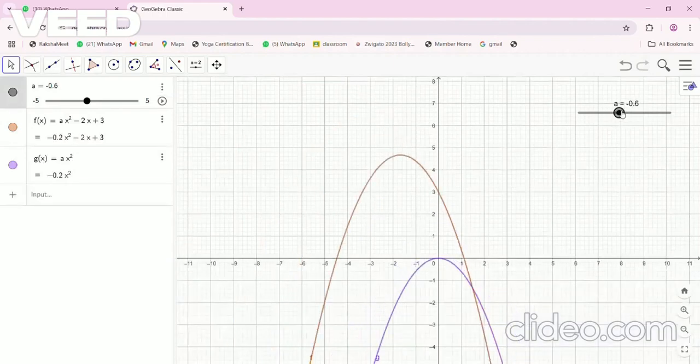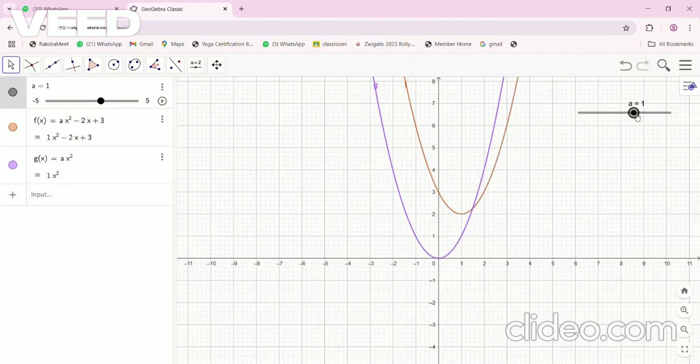So if I make this one positive, what do you get here? The parabola intersects the x-axis at exactly one point, one location on the x-axis. So it has only one zero of the polynomial. So this is the zero of the polynomial where your parabola intersects the x-axis.